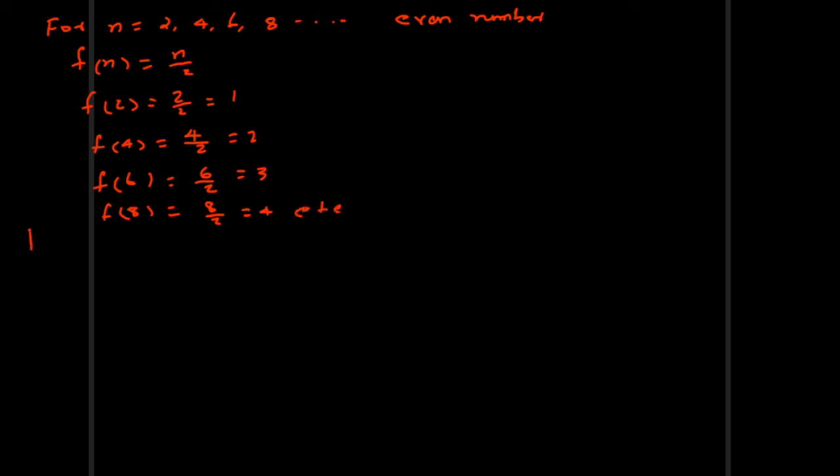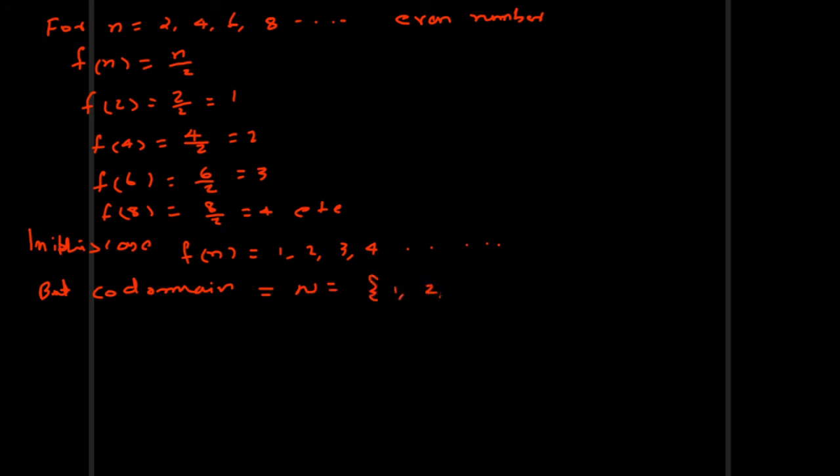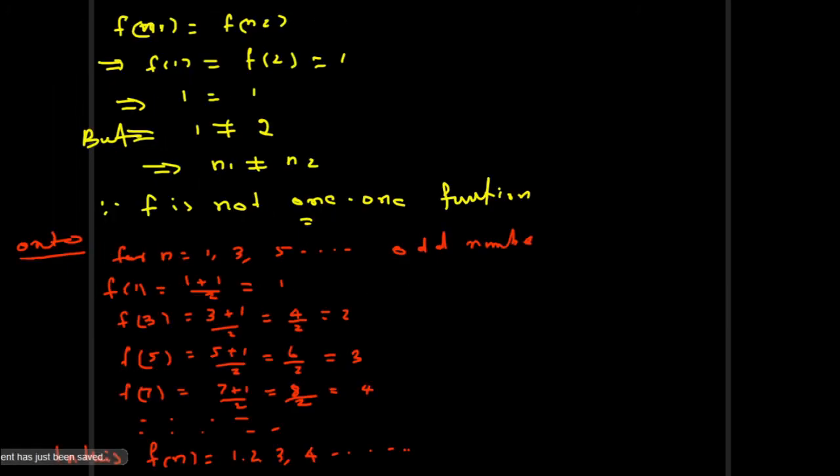In this case also, f of n equals 1, 2, 3, 4, etc. But what is the codomain? The codomain is the natural numbers N, that is 1, 2, 3, 4, etc. In both cases, for n even, f of n equals 1, 2, 3, 4, and for n odd, f of n equals 1, 2, 3, 4.